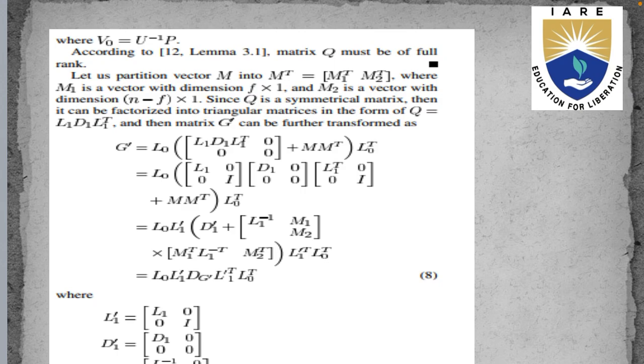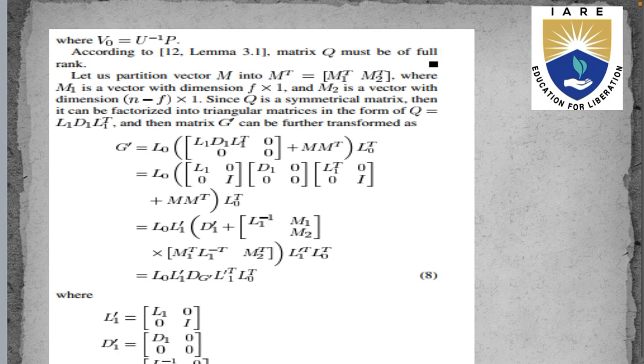Since Q is a symmetrical matrix, it can be factorized into triangular matrices in the form Q = L1 D1 L1^T, and then matrix G can be further transformed as G^-1 = L0 [ρ1 L1 D1 L1^T, 0; ρ2 0, 0] L0^T + m m^T.